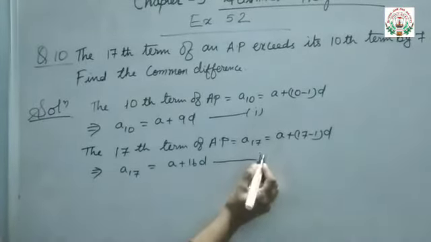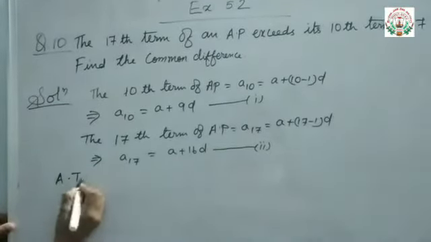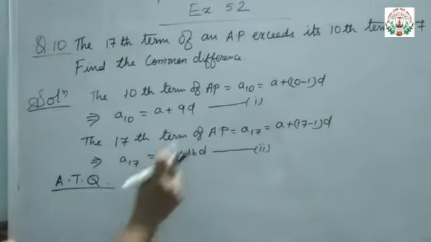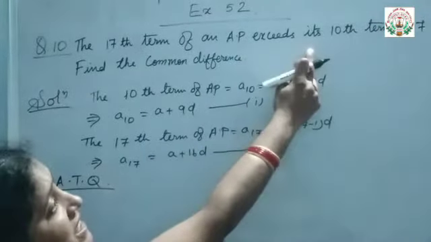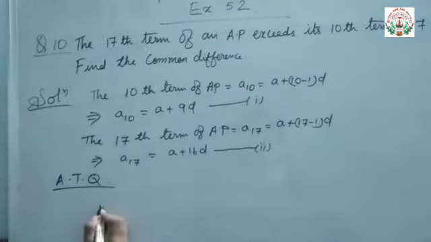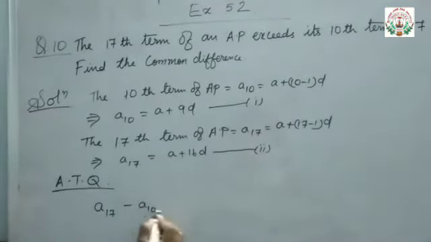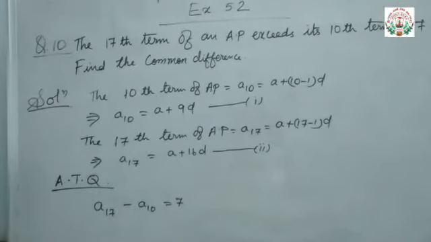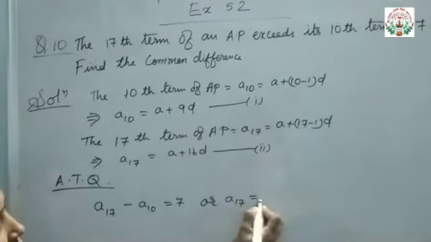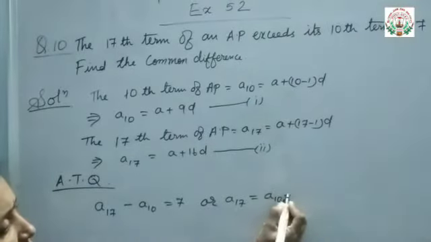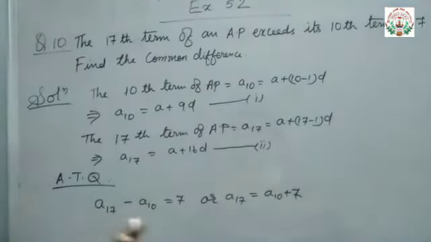Mark it as equation 2. Now according to the question, what is given? Here it is given the 17th term of an AP exceeds its 10th term. So we can write either A17 minus A10 equals to 7, this way also I can write, or I can write A17 equals to A10 plus 7. Either way I can write. Clear?